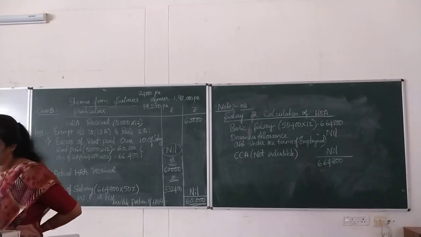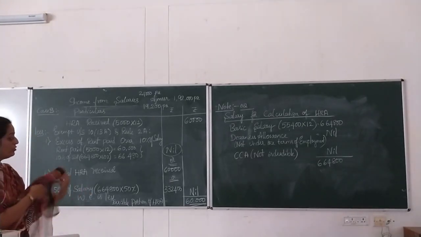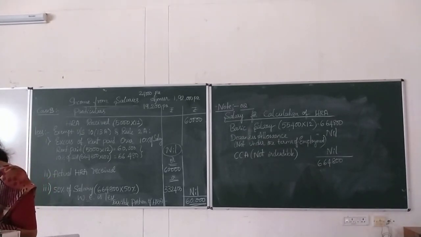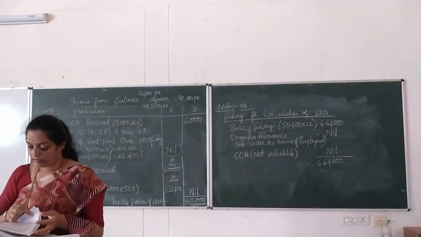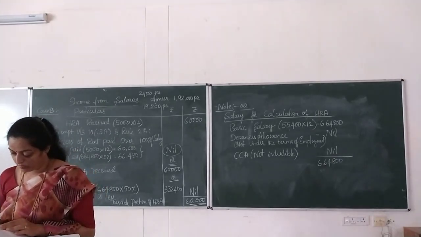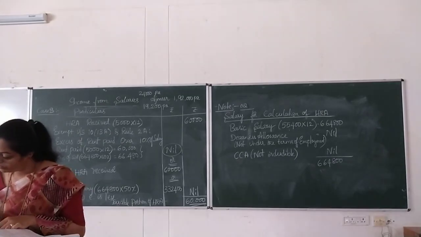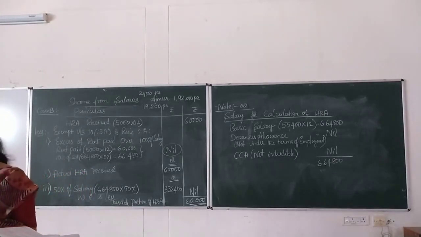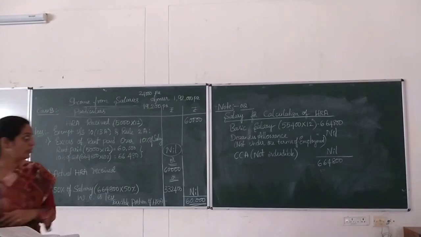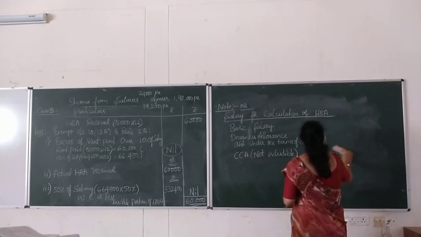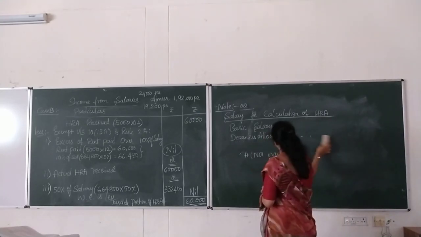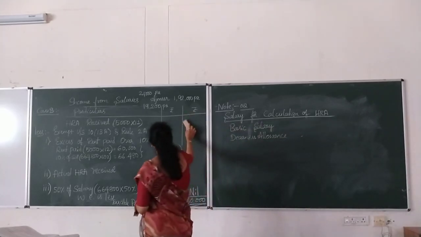Okay, take down salary for the purpose of computing house rent allowance. So what's the basic price here?